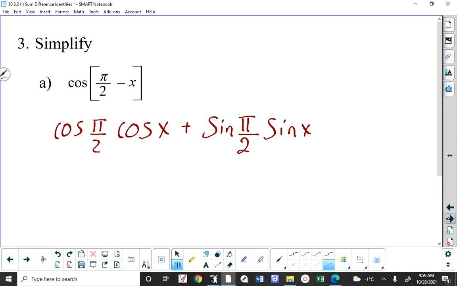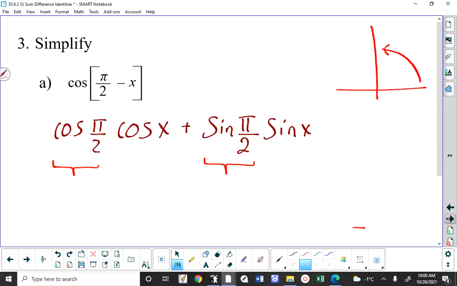See, now we're starting to rely on things you learned in the previous trig unit. You should know what cosine of pi over 2 is, and you should know what sine of pi over 2 is. Pi over 2 on the unit circle is the rotation angle that intersects the top of the unit circle, because pi over 2 is 90 degrees.